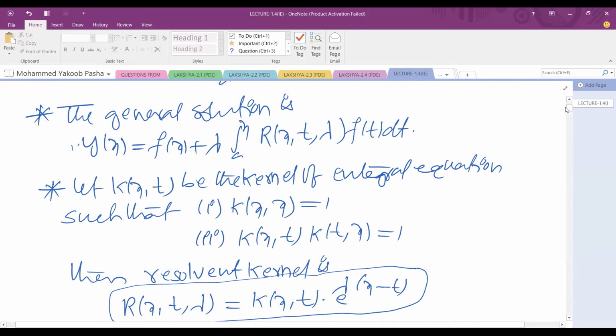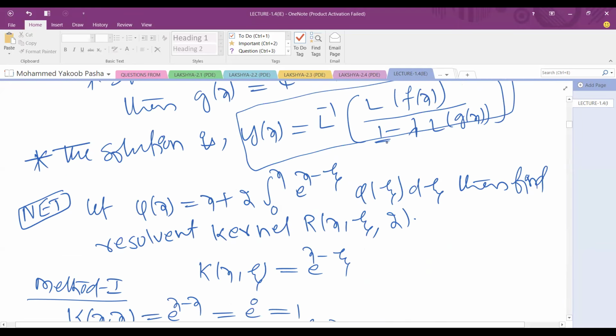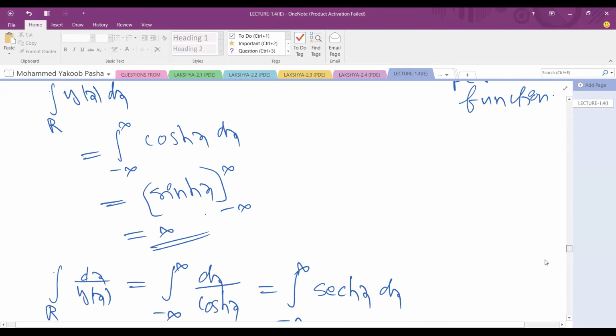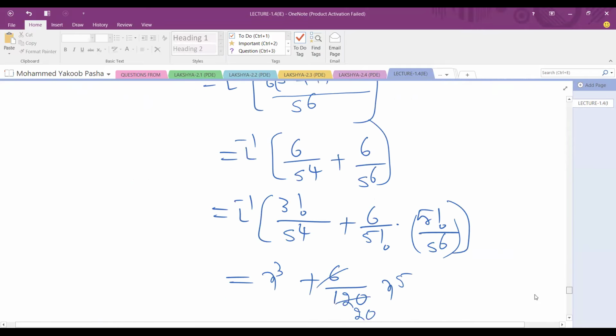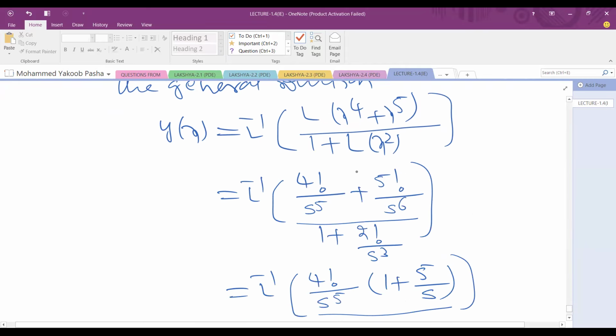So we remove from that coefficient 1 minus lambda g of x. This 1 we are taking from the coefficient of y of x. So what is the coefficient here for this problem? 0. Your coefficient of y of x is 0. So you can write here 0.